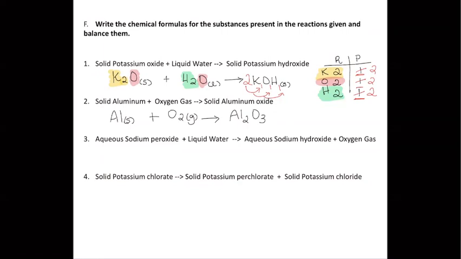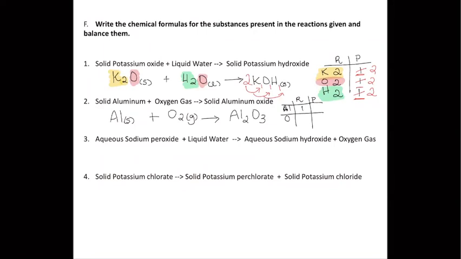So if we do a similar table, trying to determine what's happening to the elements in the reactants versus the products, I'm only dealing with aluminum and oxygen. What's happening in the reactants versus what's happening in the products, okay? So how many aluminums do I have in the reactants in the beginning? Great job.